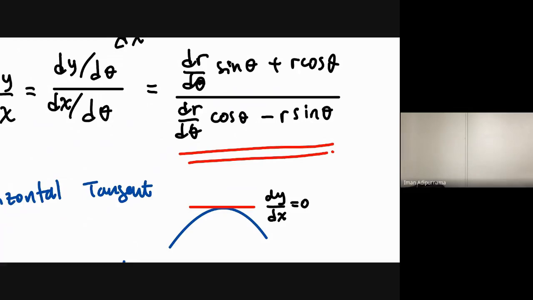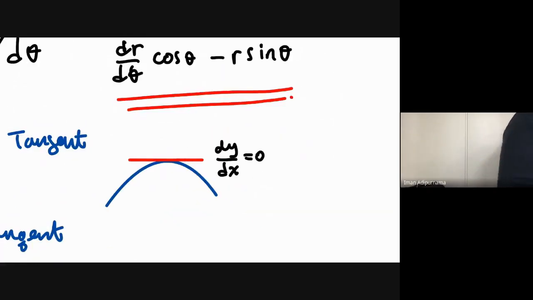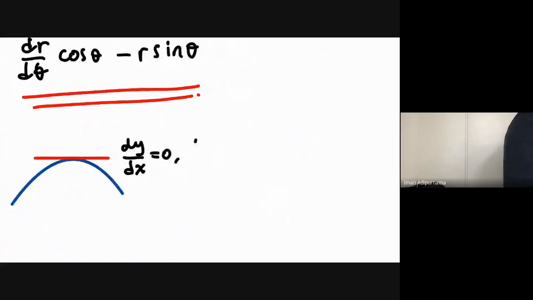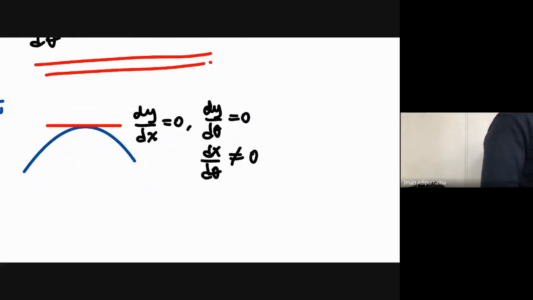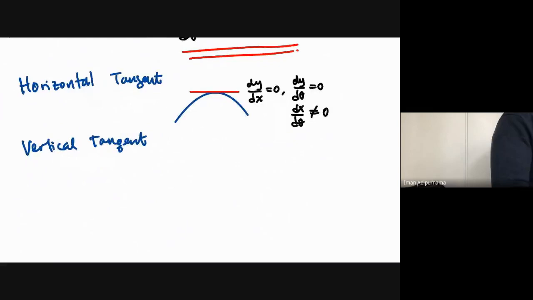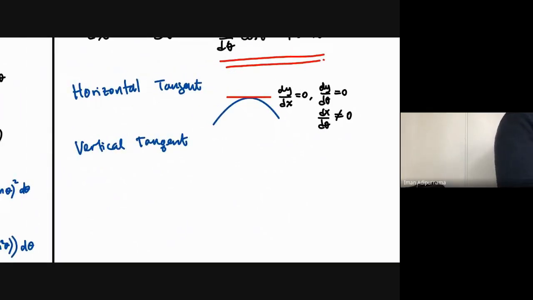So we need to write this as dy over d theta needs to be 0, but dx over d theta is not supposed to be 0, for the horizontal tangent. Now for the vertical tangent, we can say that dy over dx is undefined, right?